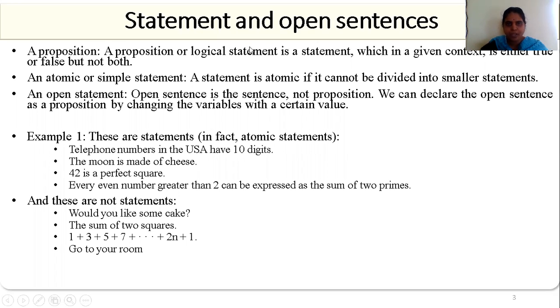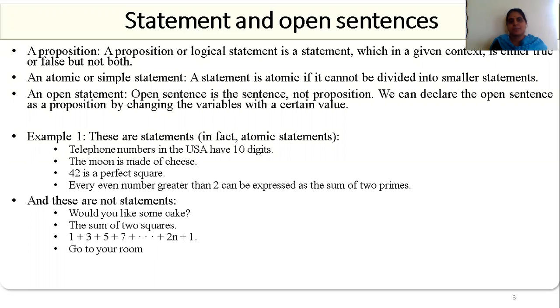A proposition or a logical statement is a statement which in the given context is either true or false, but not both. That means if you are given any statement, and in the given context the sentence results in either true or false, such statements are called propositions.